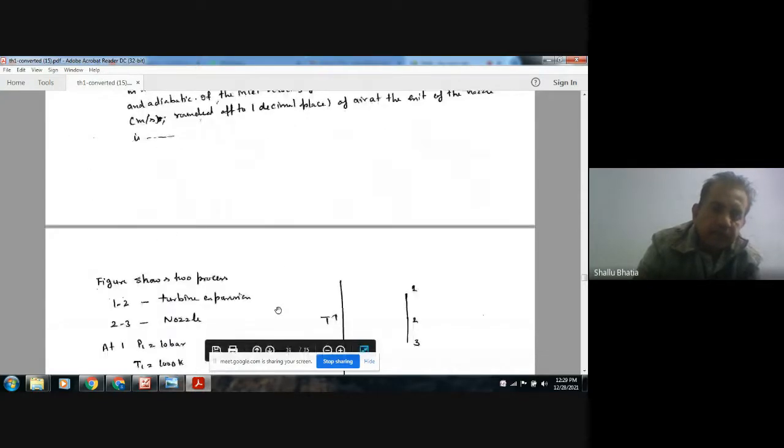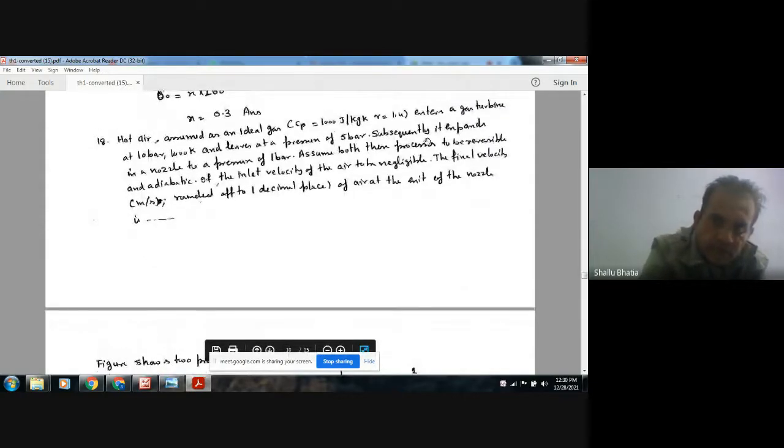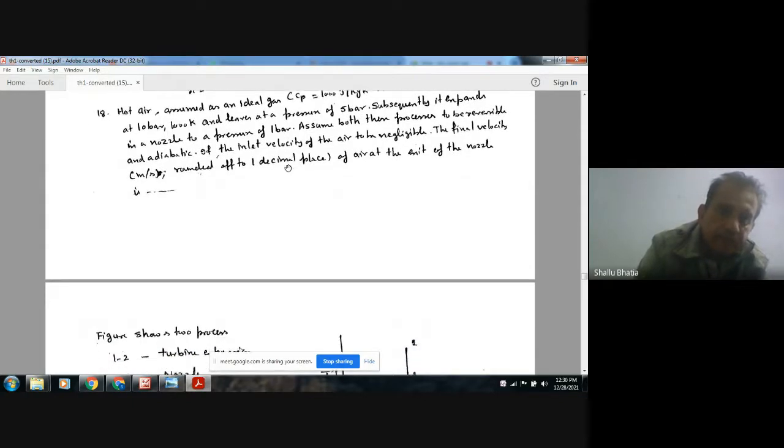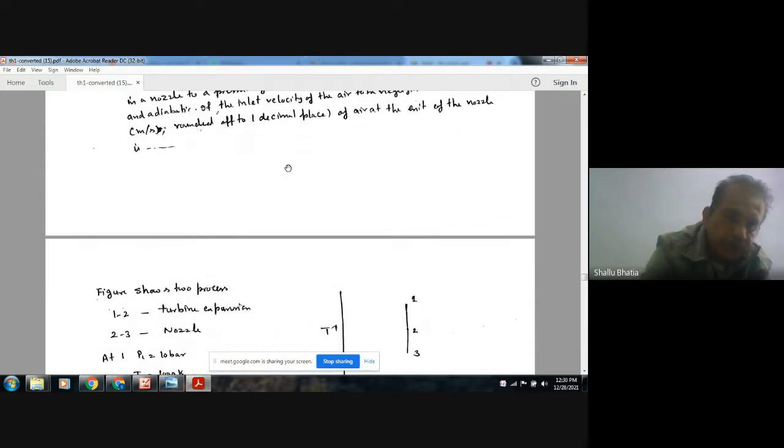Here, first of all, there is one turbine, and in the turbine the gases expand from 10 bar to 5 bar. Then there is a nozzle, where the velocity of the gas is further increased at the expense of pressure, with pressure dropping up to 1 bar.